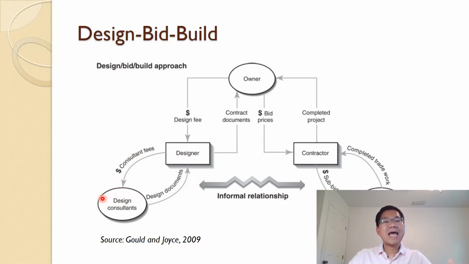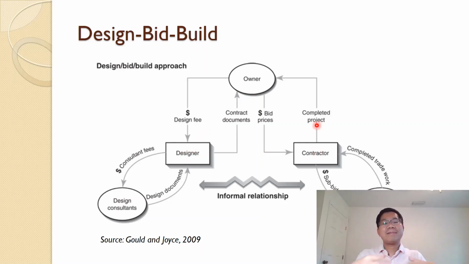For example, if the designer is the engineer and you want some architectural work, then you have a design consultant do the architectural work. Similarly, the contractor may not do all of the work alone, and may have subcontractors, suppliers, and specialty contractors, with another contract. But the bottom line is it will be a linear sequence: design complete, go to bid, and then build, and that we call design bid build, with separate identity between the designer and contractor.